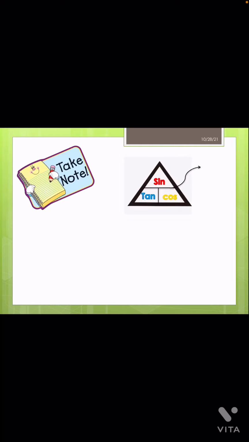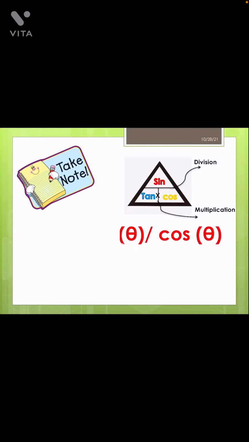The horizontal line represents division and the cross mark represents multiplication. If you want to find tan theta, then cover it and check the other quantities in the triangle. So we will get tan theta is equal to sin theta divided by cos theta.